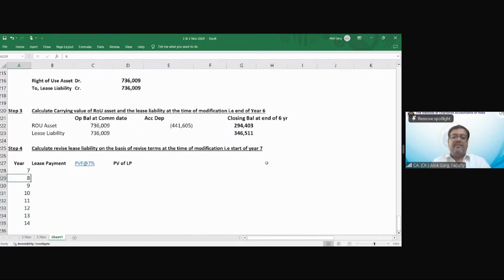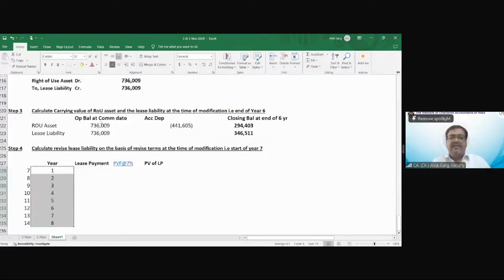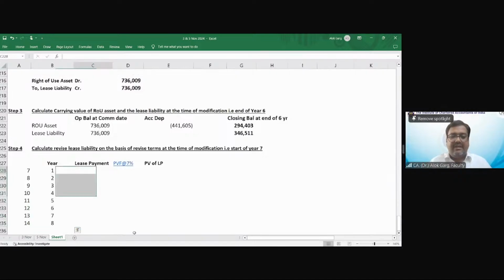Chronologically these are the years, but for discounting this is 1, 2, 3, 4, 5, 6, 7, 8, because you are computing the revised lease liability today.